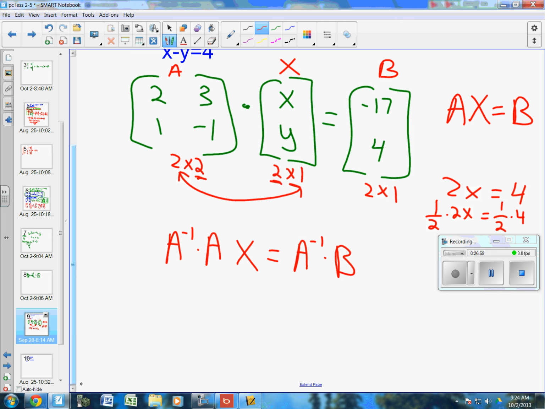We're almost out of time. But if I found the multiplicative inverse and I times it by this size, it would give me what's called the identity matrix. You guys, the identity matrix is this. Everybody write this down. This is the identity matrix. It's like 1 in real numbers.